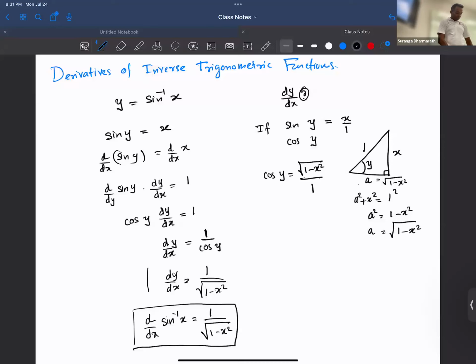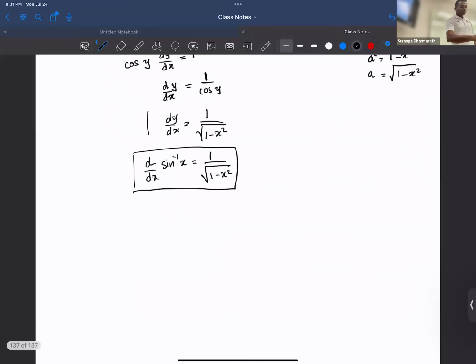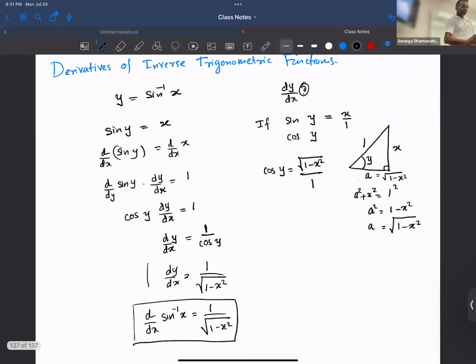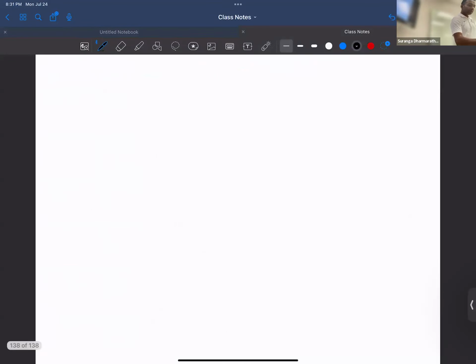All right, so you can do the same thing for this. Now, if I gave you y equals cosine inverse x, you can do the same thing.